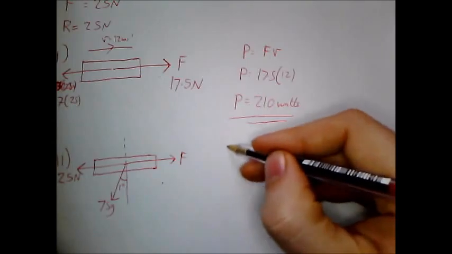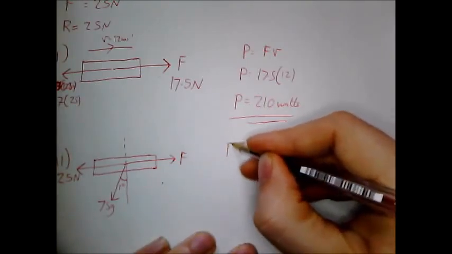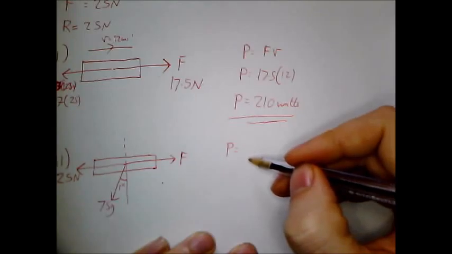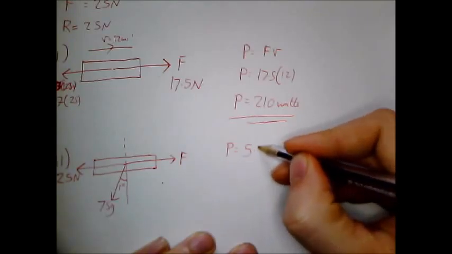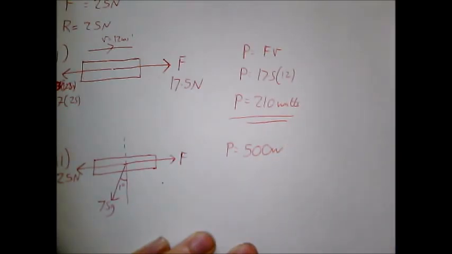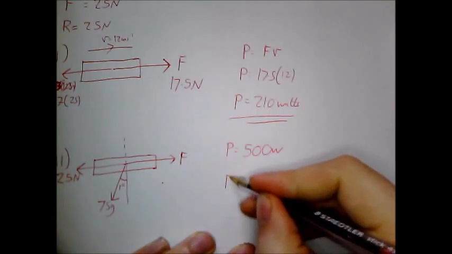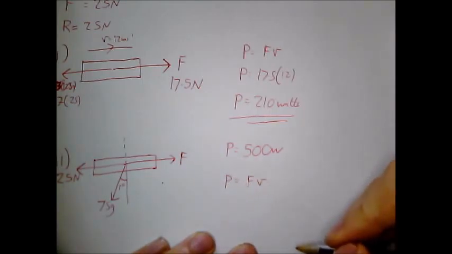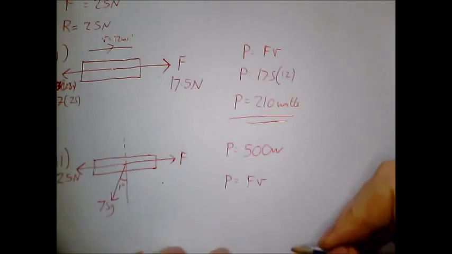So we know that Marco's power is 500 watts, and power is force times velocity. Okay.